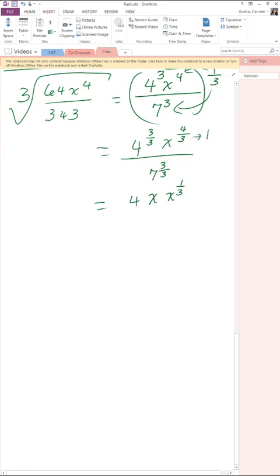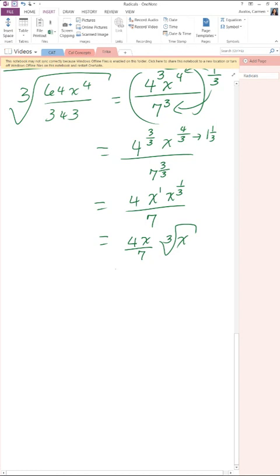Remember, the 4/3 becomes 1 and 1/3. Here's your 1, and there's your other third, and that becomes that, and then becomes 7. So your final answer is 4x over 7, and still inside is going to be, because that's the denominator, it is the index, it becomes x.